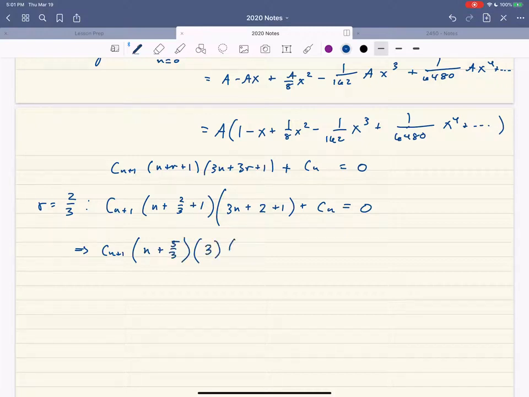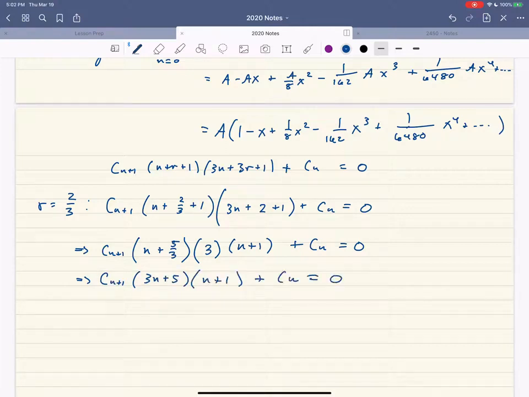So in other words, that's 3 times the quantity n plus 1. So I'm going to take this 3 and distribute it in the parentheses to the left, because then we can get rid of the fraction, which I think everybody will be in favor of. So we get 3n plus 5 times the quantity n plus 1 plus c sub n equals 0.